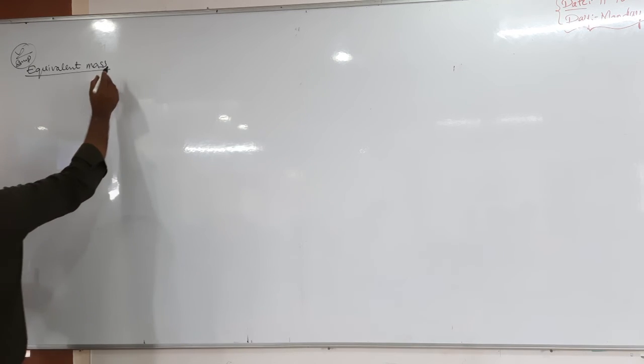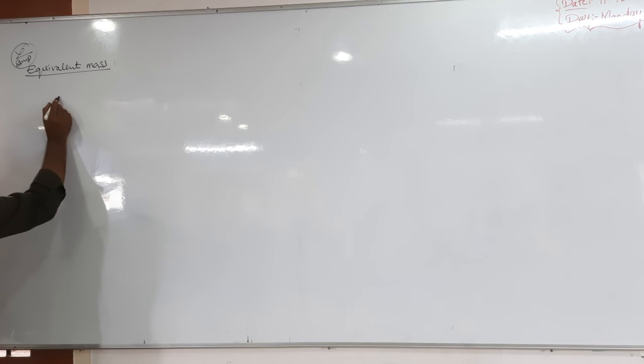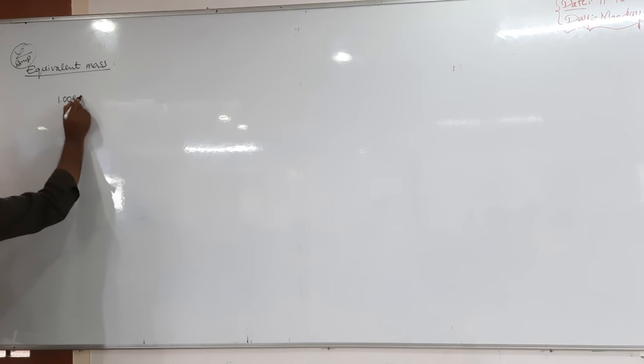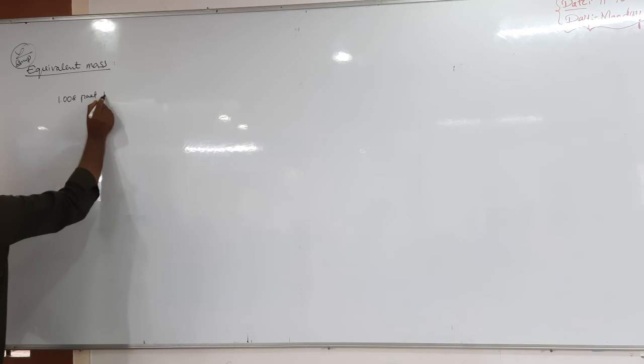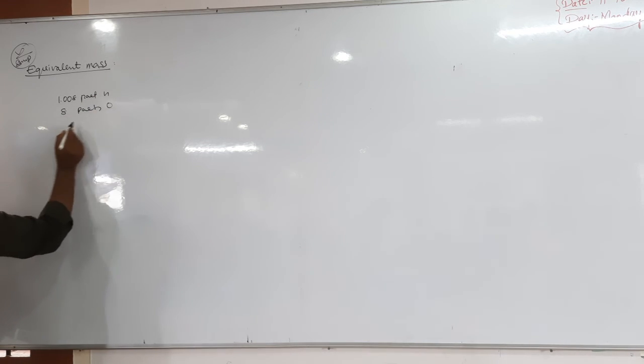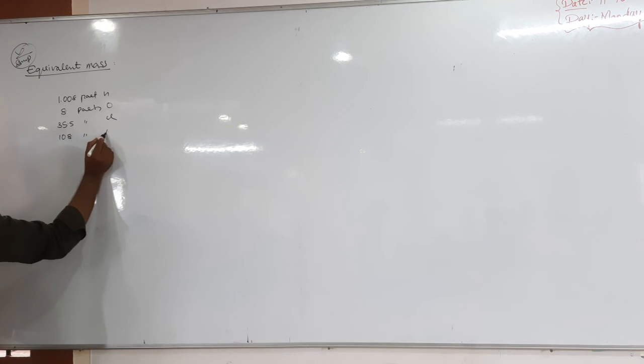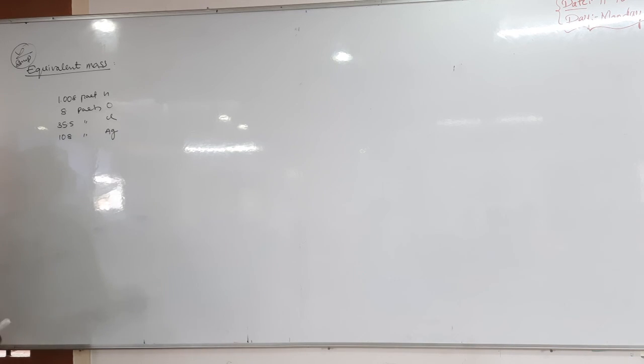The definition is like this: the number of parts of a substance which combine or displace 1.008 parts of hydrogen, or 8 parts of oxygen, or 35.5 parts of chlorine, or 108 parts of silver, is called equivalent mass.